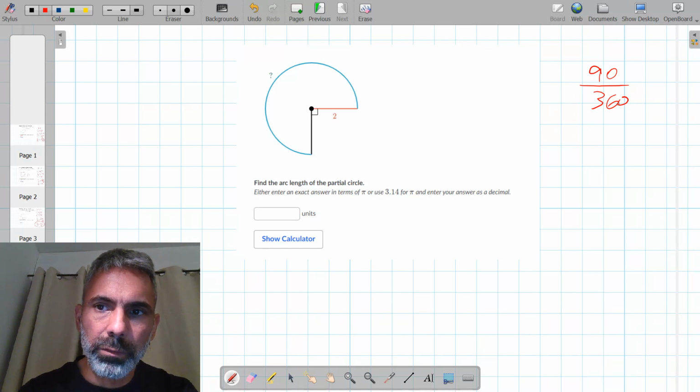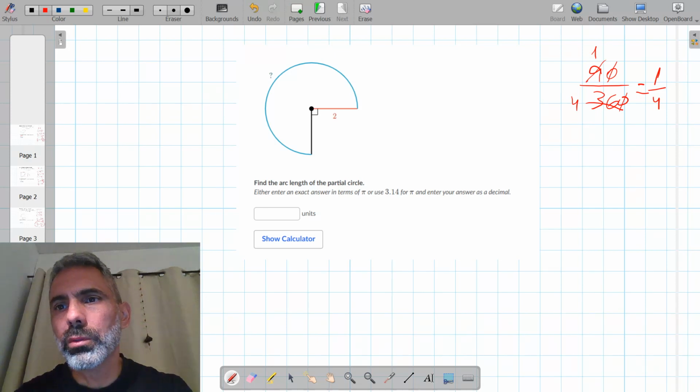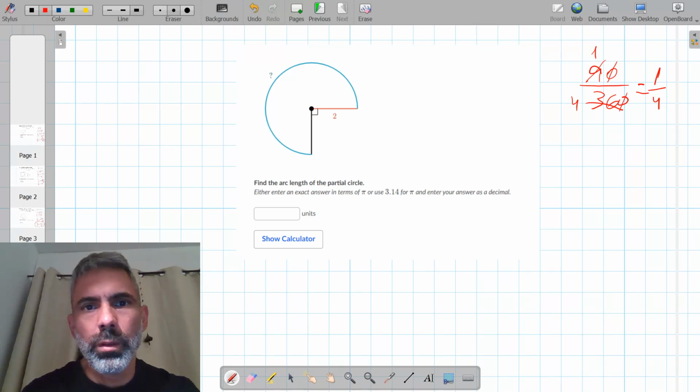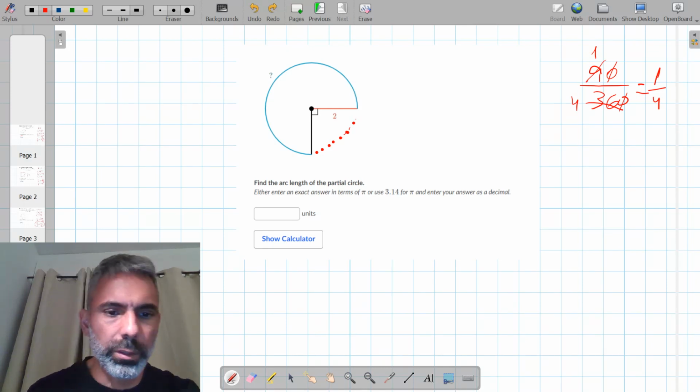So 90 out of 360, we can cancel out the 0, and 9 out of 36: 36 divided by 9 is 4, 9 divided by 9 is 1, so this is 1/4. So this arc is 1/4 of the circumference, so the rest is 3/4 to complete a full circle.